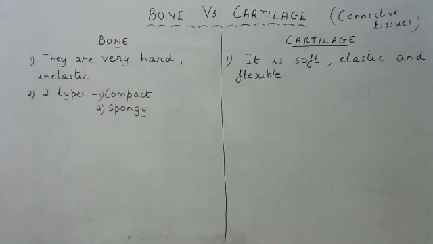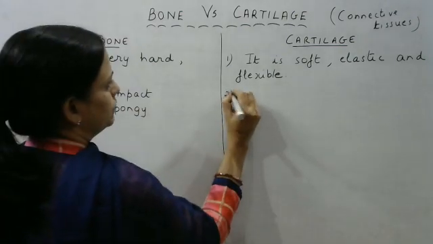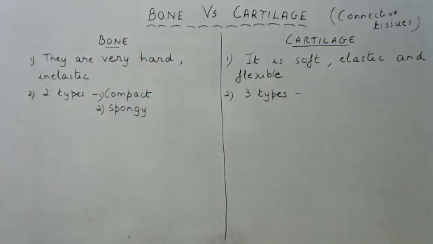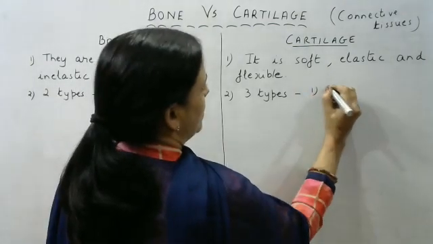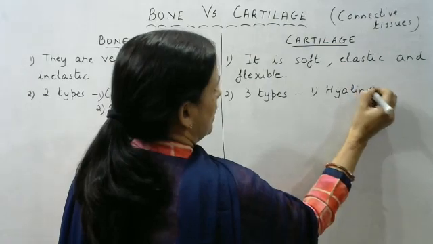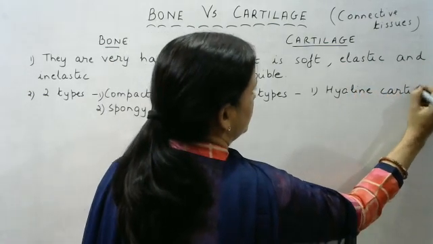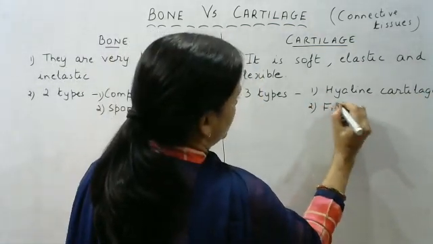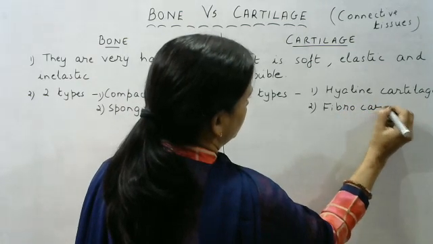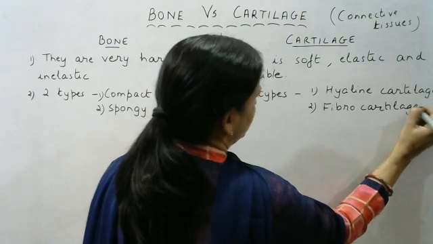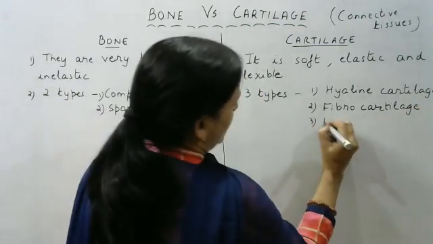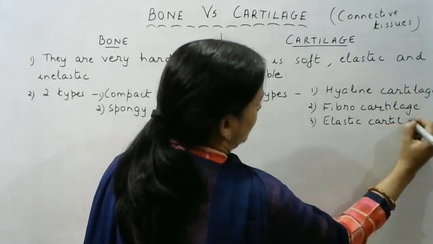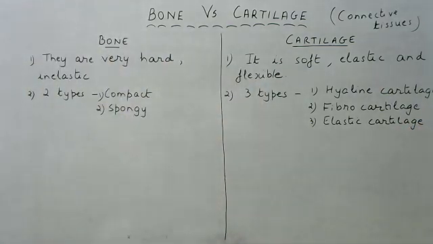So bones are of two types, whereas cartilage, it is of three different types, and these types are, the first type is hyaline cartilage, the second type is fibrocartilage, and the third type is elastic cartilage. So these are the three types of cartilage that we have in our body.